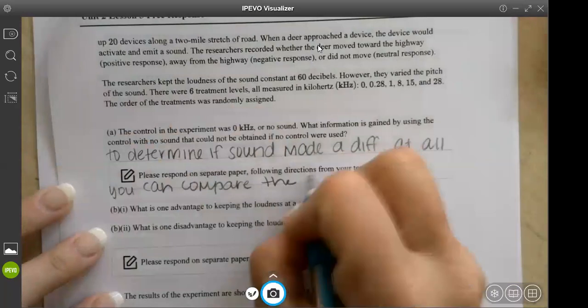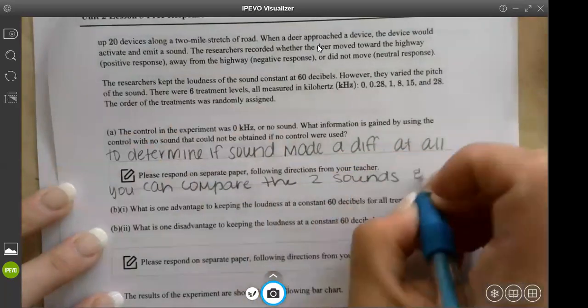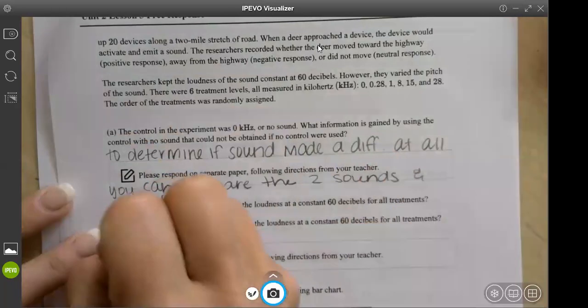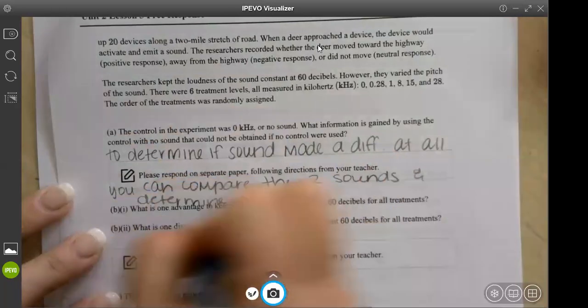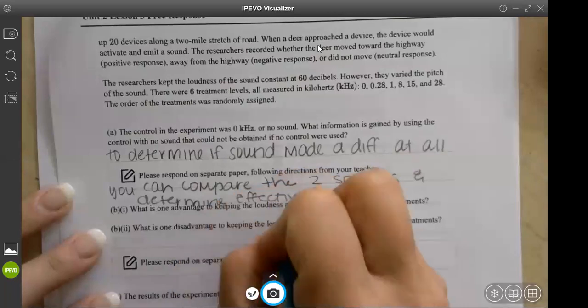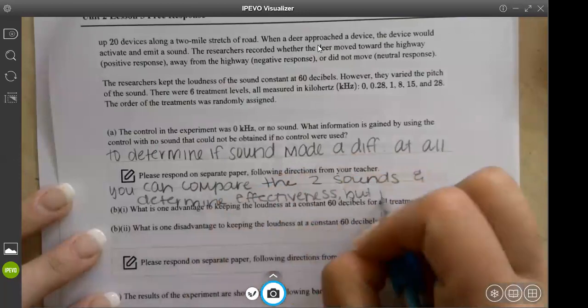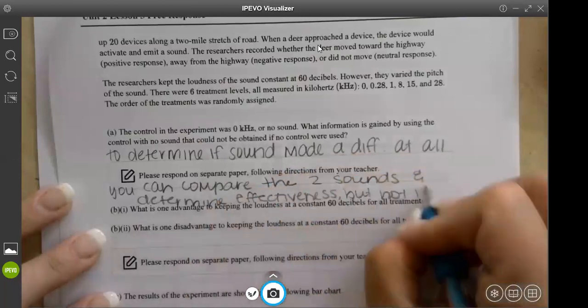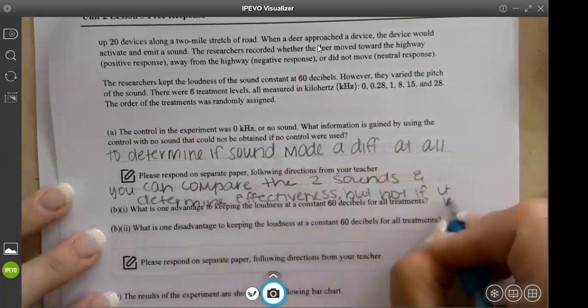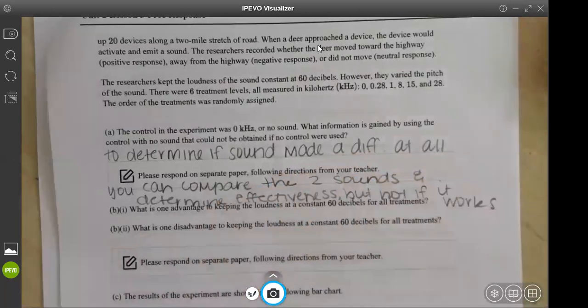You compare the 2 sounds and determine which is more effective, but not if it works, compared to no sound. So you have to have that control.